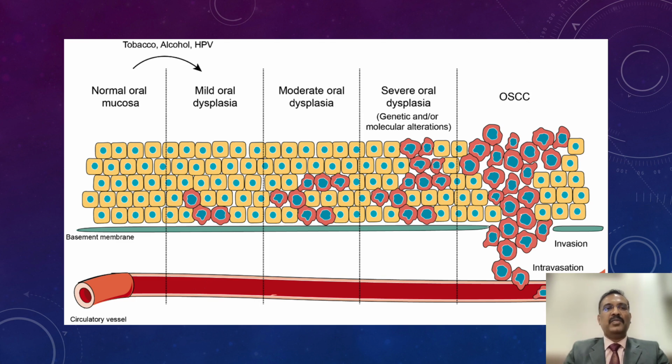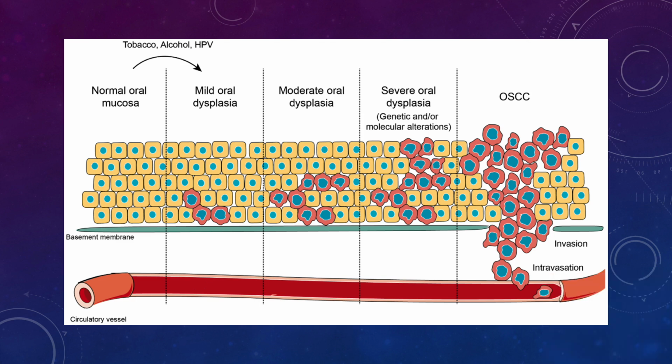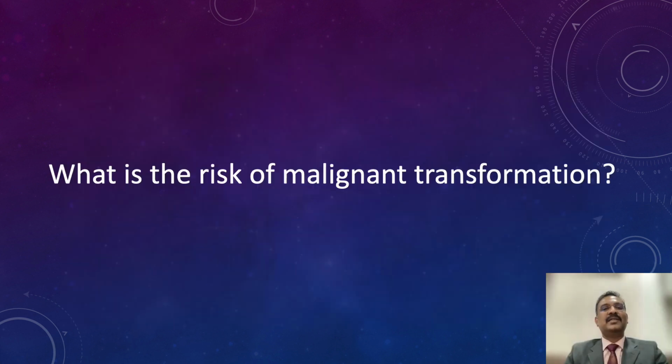So we may ask, what is the risk of malignant transformation? What lesions should be treated aggressively, and where may a wait-and-watch or a slightly less aggressive option be considered?